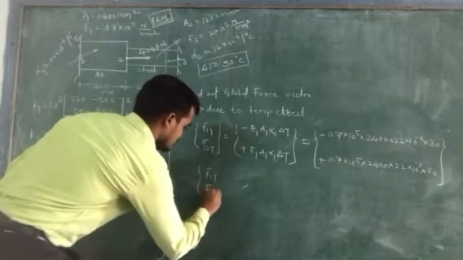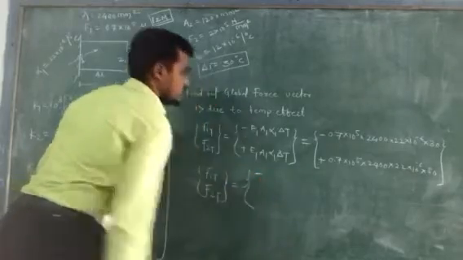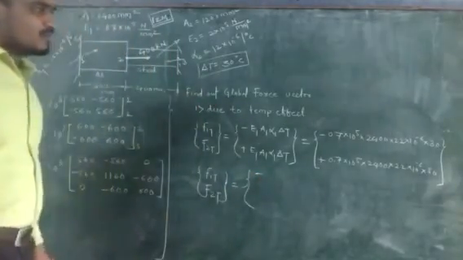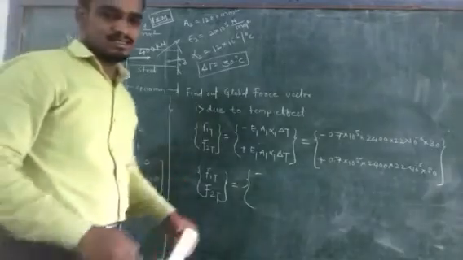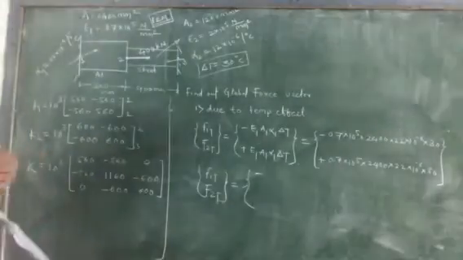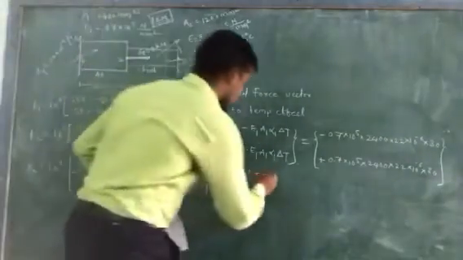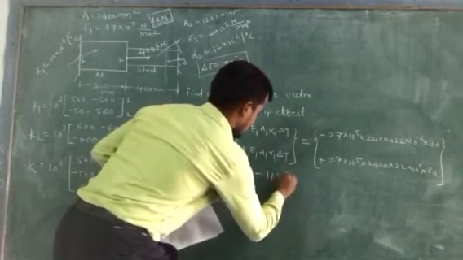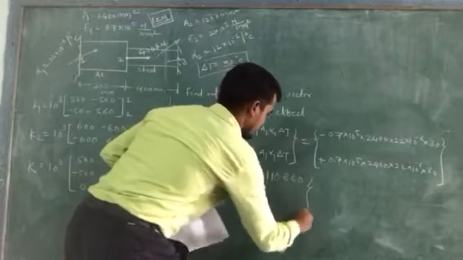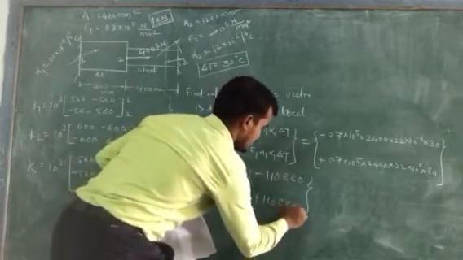F1t and F2t. F1t is equal to minus 110880 and F2t is plus 110880.